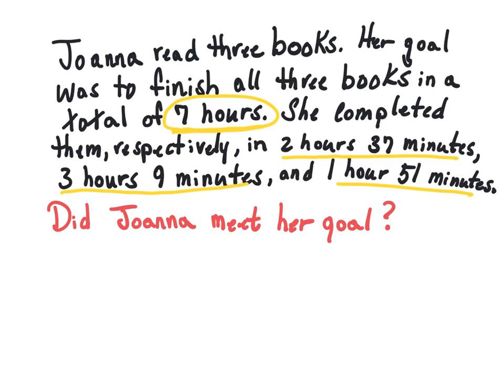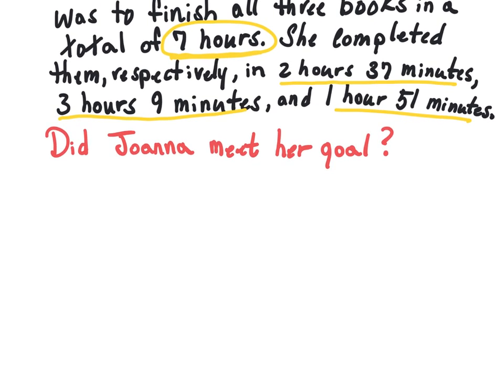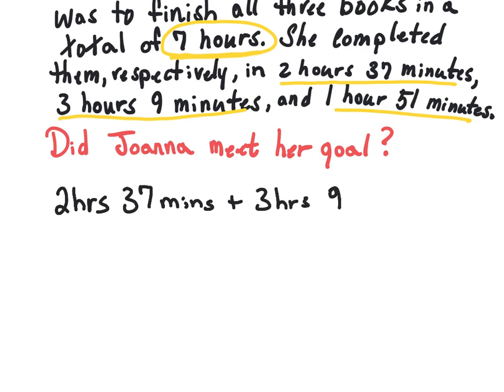So what we're going to do, let's move this up so we have some room. We want to actually list all the times. So we have 2 hours, 37 minutes, plus 3 hours, 9 minutes, and then we have 1 hour and 51 minutes. So all of that equal.